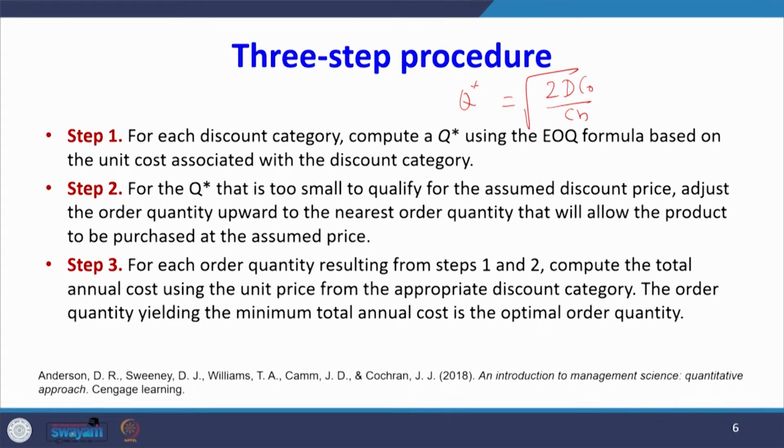So, for each discount category compute a Q star using the EOQ formula based on the unit cost associated with the discount category. Step 2: for the Q star that is too small to qualify for the assumed discount price, adjust the order quantity upward to the nearest order quantity that will allow the product to be purchased at the assumed price.